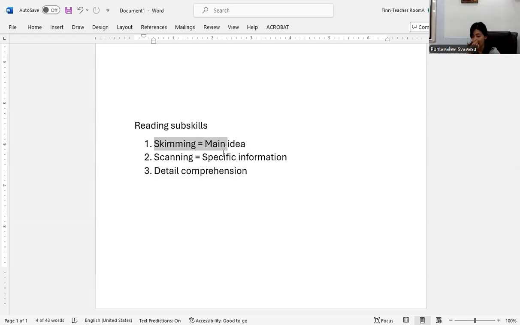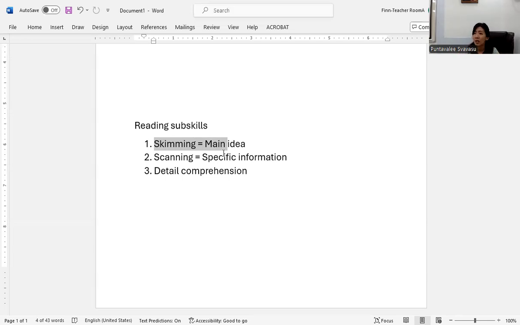When you skim, you can see the overall idea, the flow, and the tone of the reading, and you can guess some unknown vocabulary. Sometimes one word means different things depending on the topic, so if you skim, you would see the whole idea.